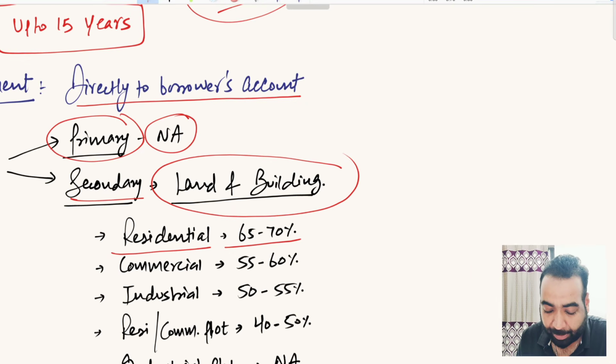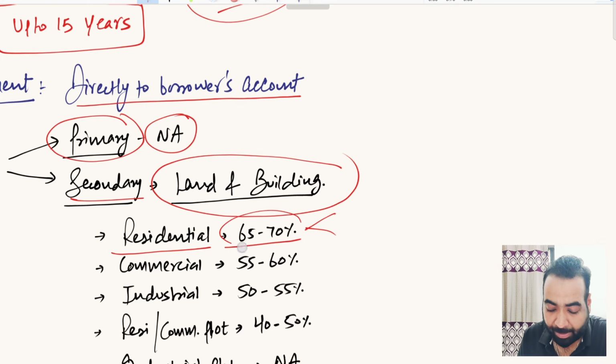This can again be bifurcated between a residential property located in a very posh area and a residential property located in a very backward area with very tight streets where the approach road is very tough to reach. The residential properties which are self-occupied by the owners, those which are rented, and those which are totally vacant.